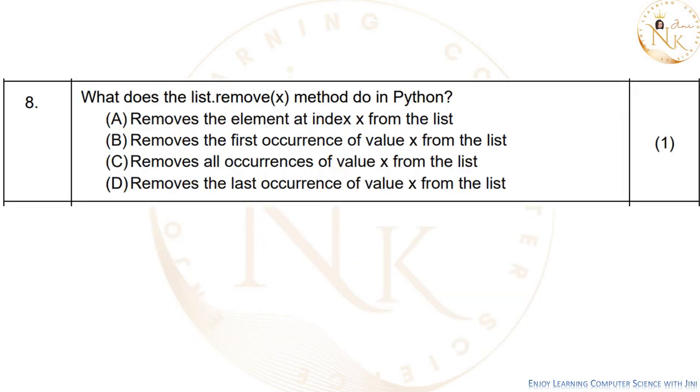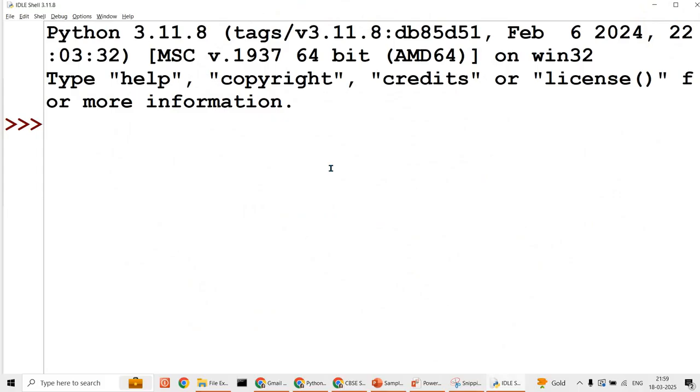Okay. Question number 8. What does the list.remove method do in Python? It removes the first occurrence of the element. I'll show you with an example. If I'm giving L is equal to a list of 2, 3, 5, 6, 3, 9, again 3, 10.